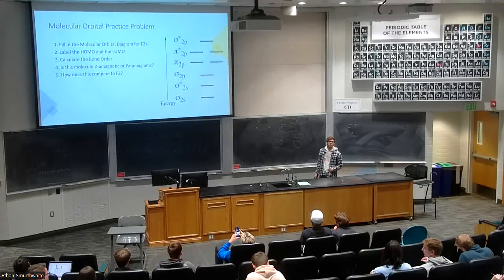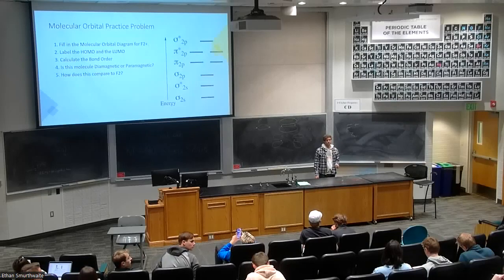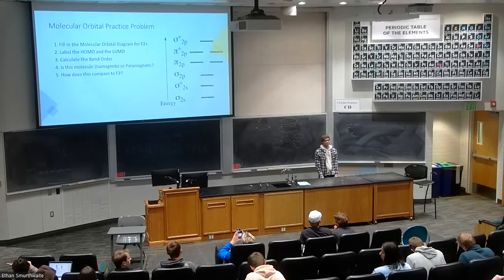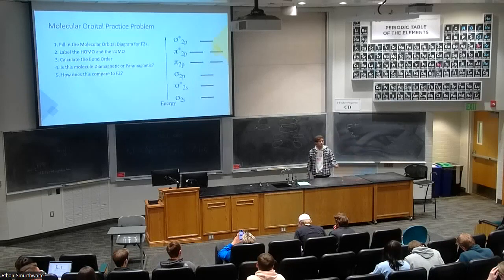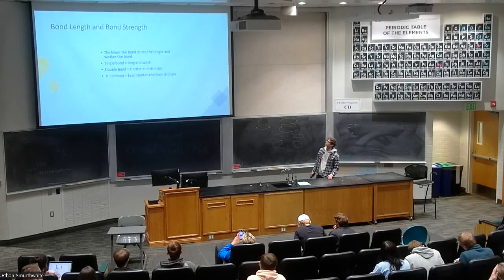I don't know. I'm not sure. What did you talk about in recitation? You don't know? Yeah, I don't know either. Oh, gotcha. Okay. Just look at the bond order. Whichever one has a higher bond order, that's the one with a stronger bond. Okay. Let's go back.